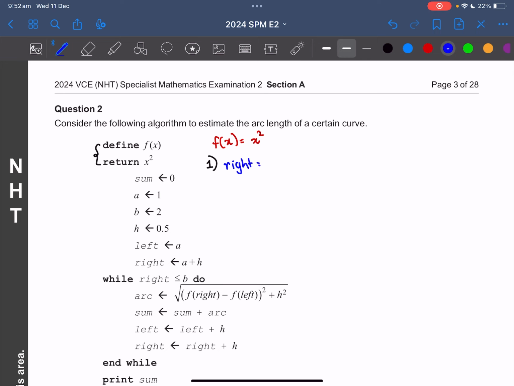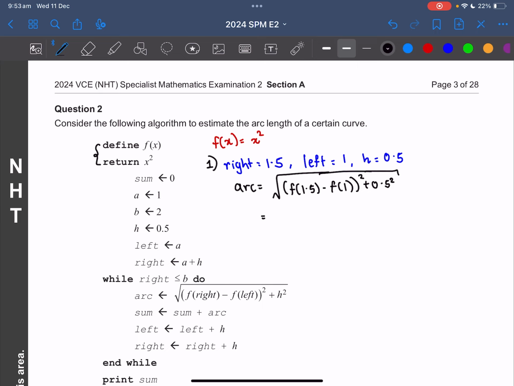Initially our a is 1 and h is 0.5, so 1 plus 0.5 is 1.5. Then we have the left, which is just a, so just 1, and h is equal to 0.5. Then our arc is equal to the square root of f of 1.5 take away f of 1 whole squared plus 0.5 squared.